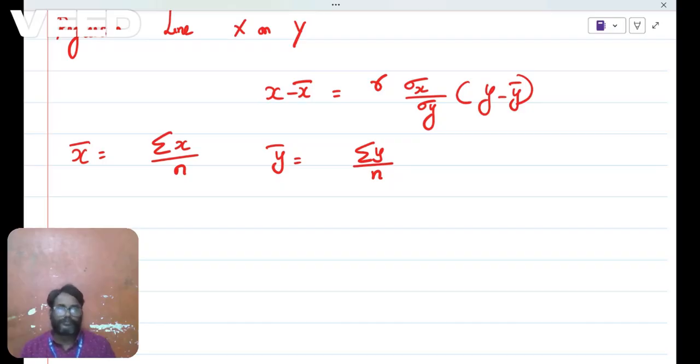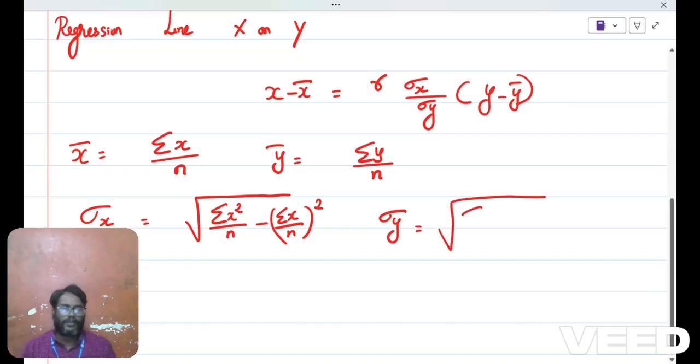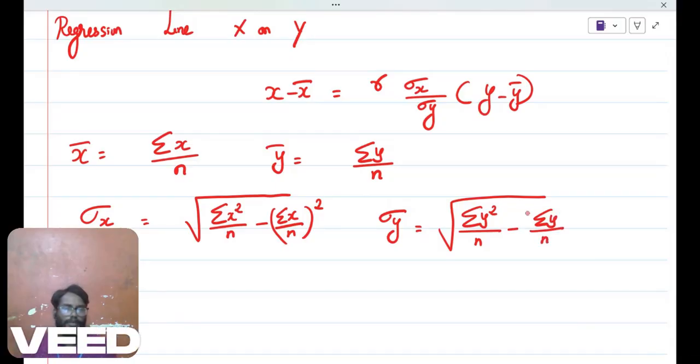Next, sigma x, called the standard deviation, is equal to the square root of sigma x square divided by n minus sigma x by n the whole square. Similarly, sigma y, the standard deviation for y, is the square root of sigma y square divided by n minus sigma y by n the whole square.